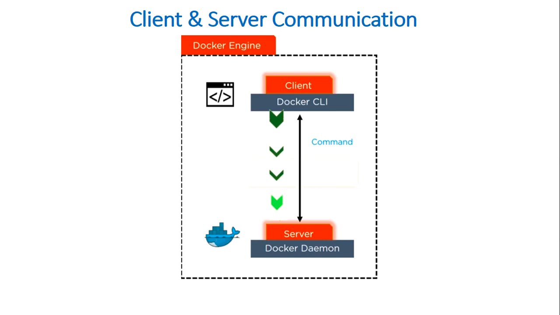What is a client? What is a server? And how does the communication happen? Once Docker is installed, we can call that a server. We can install it on any OS, like Windows, and also Linux or Unix flavors. Once Docker is installed, we can call that a server, and we can communicate with the server in two different ways. One is using the CLIs, command line interfaces.